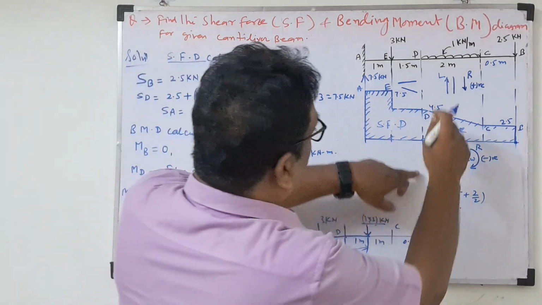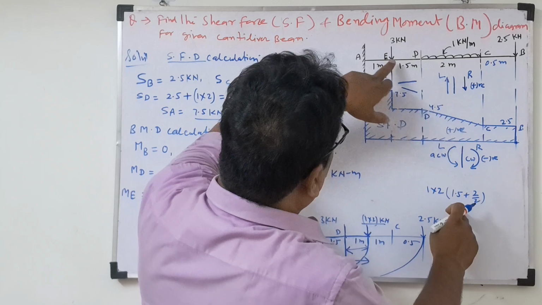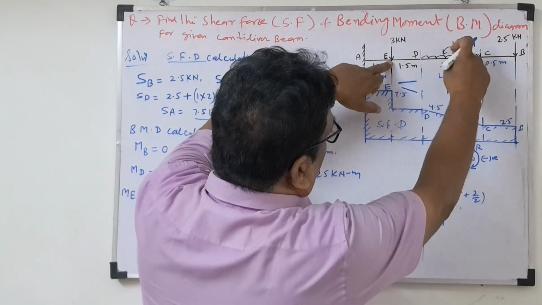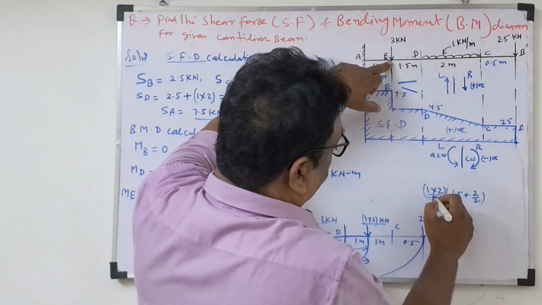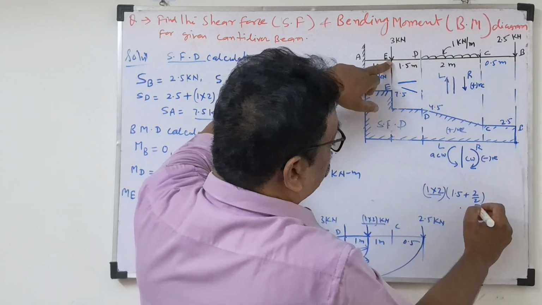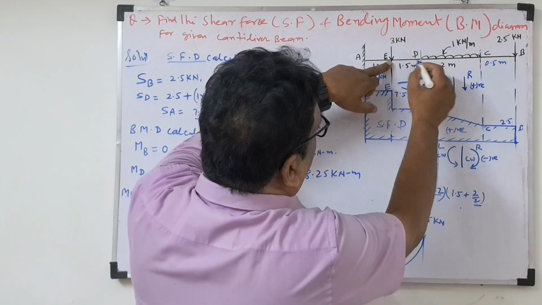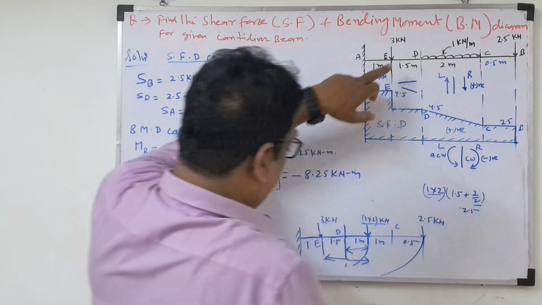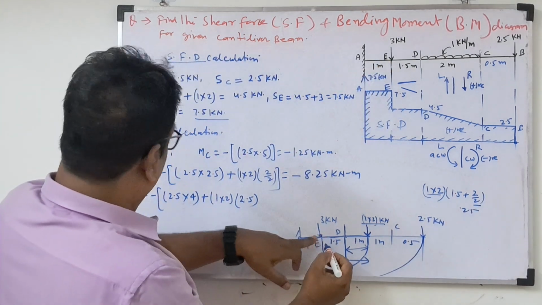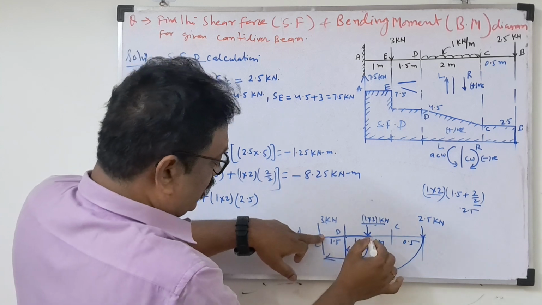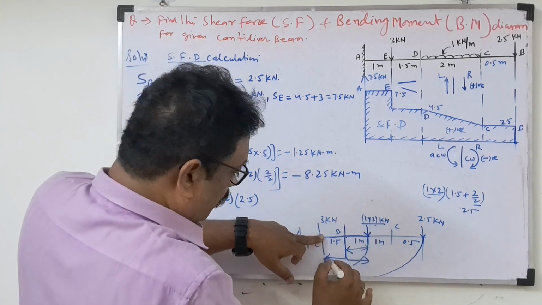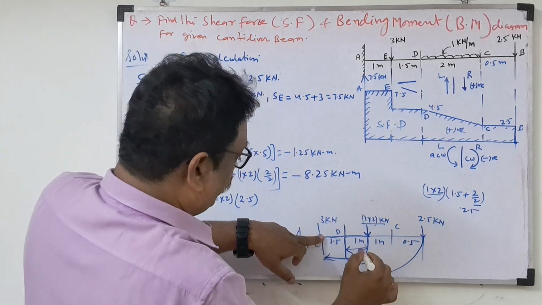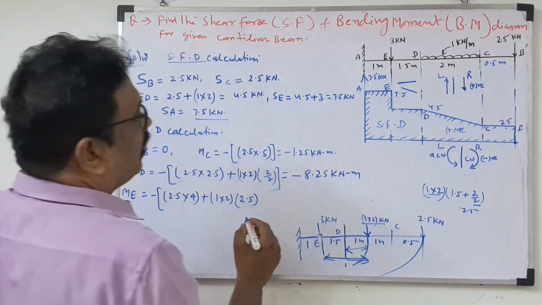You see here, if we are taking this way also at E, UDL load, then half distance. Where is this UDL? After 1.5 meter. 1.5 plus 1, 2.5. Here you see, if you are taking about E, load into perpendicular distance. How much? 2.5. Okay. Any other load here?